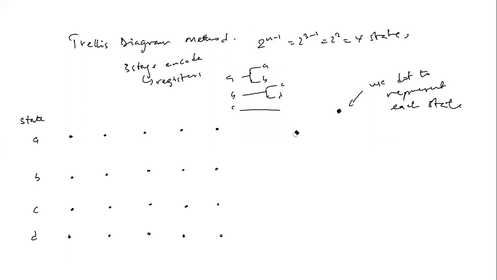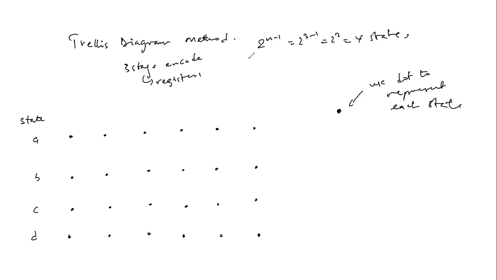So let's write this. These are the possible states. Now let's use a different color.